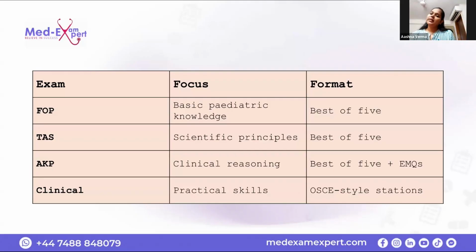Then there is part two exam, which is AKP, and which consists of questions which judge your clinical reasoning. Now, what do I mean by that? So, in the same scenario of congenital adrenal hyperplasia, you may even need to tell them which investigation will you go for in the initial period, right?